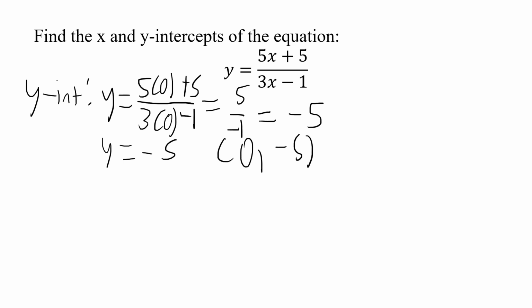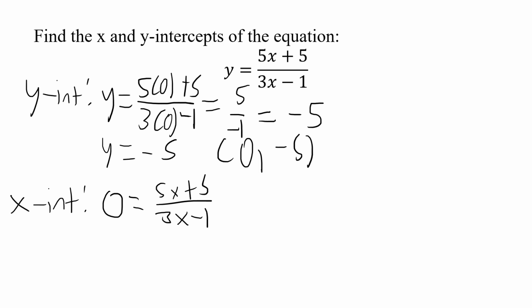That's our y-intercept. Now for our x-intercept, just like last time, we're going to make our y 0. So 0 equals (5x plus 5) over (3x minus 1). And I want to get x by itself, but I don't want to deal with a pesky fraction. Now, a fraction is just a way of saying divided by.